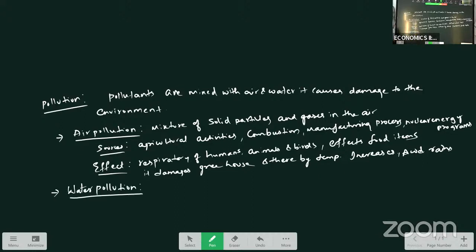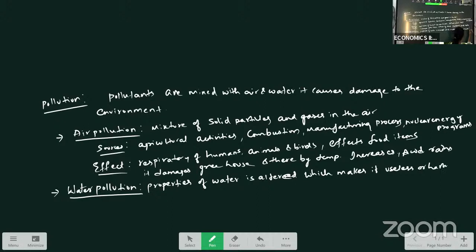So water pollution is what? The properties of water is altered, which makes it useless or harmful. That is called water pollution.